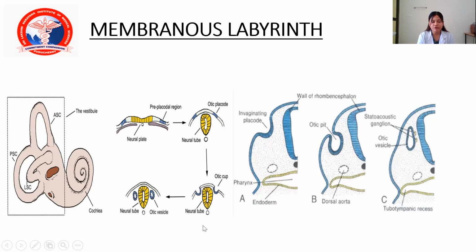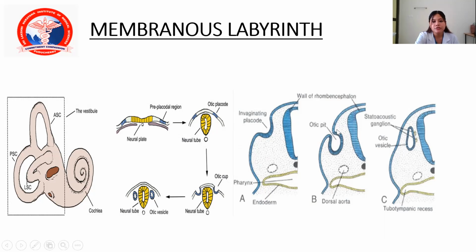So let us again revise the membranous labyrinth. In the membranous labyrinth, we have seen that the primordium of the membranous labyrinth is the otic vesicle. At first the otic placode forms as an ectodermal thickening on either side of the developing rhombencephalon. Now the otic placode invaginates into the underlying mesenchyme, and at that time it is called the otic pit or otic cup.